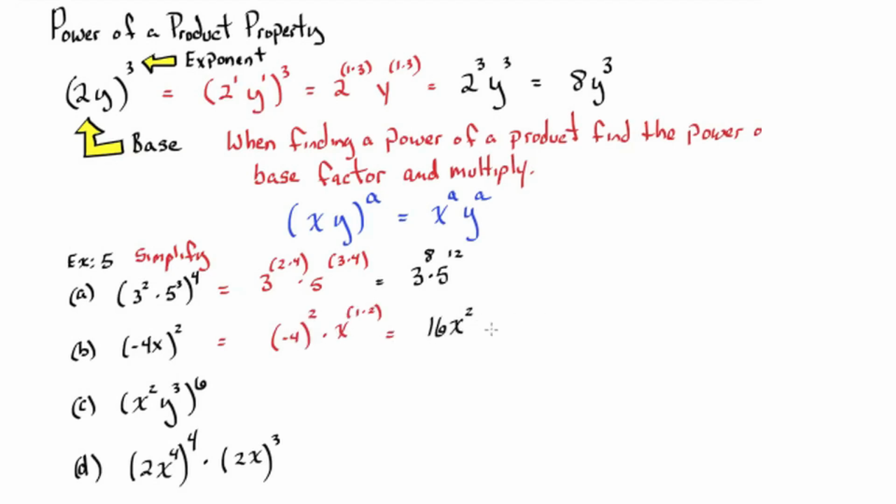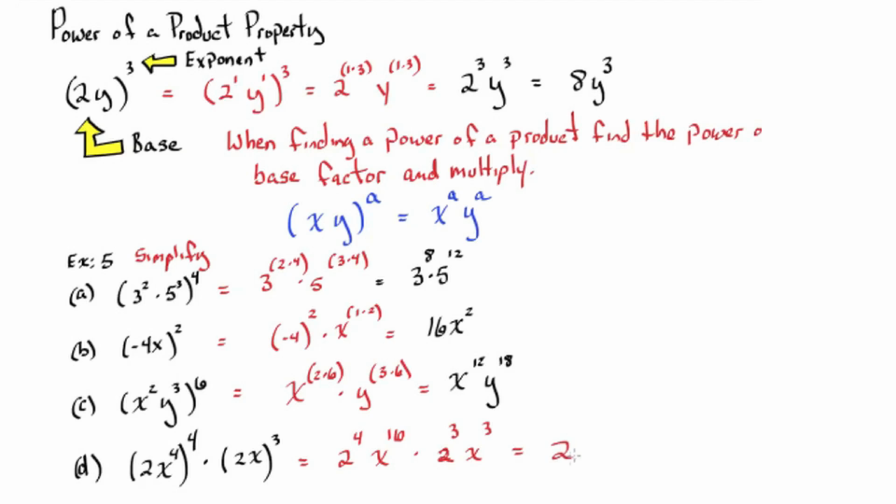We do the same on the second example, except we see a negative base being raised to an even exponent, so it becomes positive 16x squared. And on the last example, we have 2 to the 4th x to the 16th times 2 to the 3rd x to the 3rd, and in this case we are going to add using the other property, and 2 to the 7th is 128, so we get 128x to the 19th.